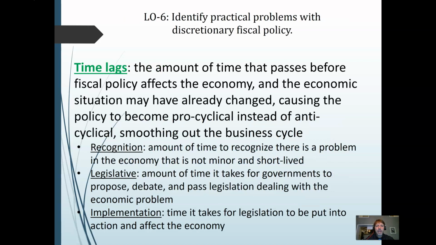The time lag that happens between a decision or a policy when it is implemented and when we actually see the impact of it is called a time lag. And it happens for various reasons, but the amount of time to recognize that there's a problem in the economy that's not minor and short-lived that we need to do something can take some time.